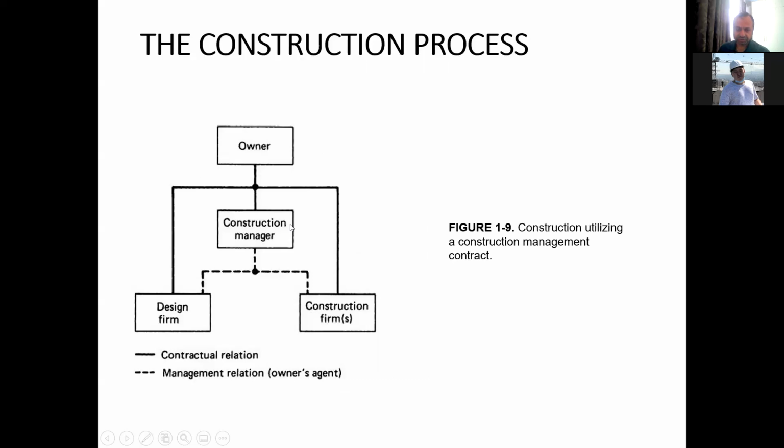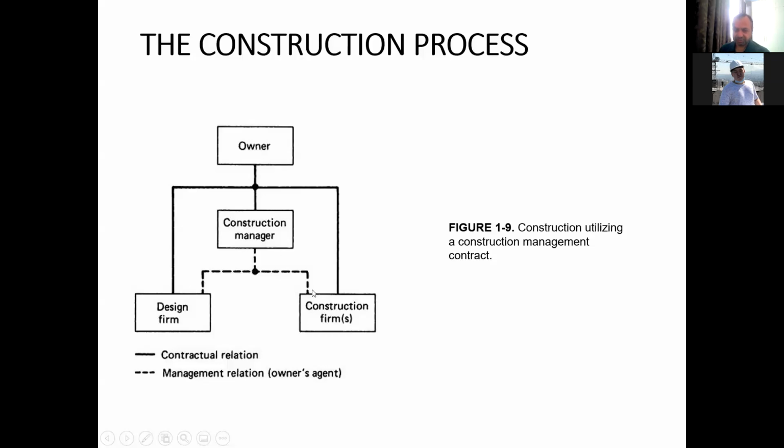One is with the construction manager, the other is with the design firm, and the other is with the construction firm. But in this case, the construction manager works as a representative of the owner on the construction project to oversee the work of the design firm as well as the construction firms.